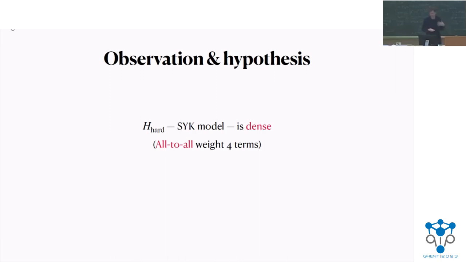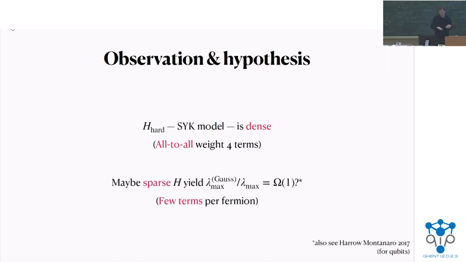So most statements come with a high probability comment. So maybe if you sparsify these Hamiltonians and don't consider dense Hamiltonians, but consider few terms per fermion, then you can indeed prove that Gaussian states yield a finite approximation ratio.